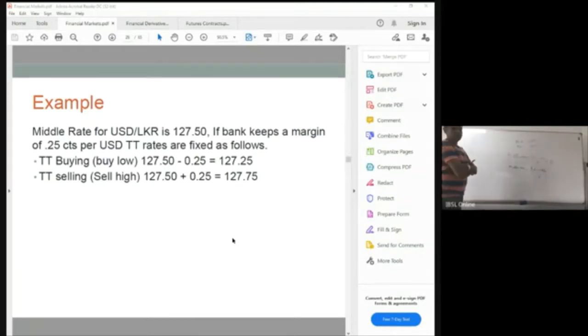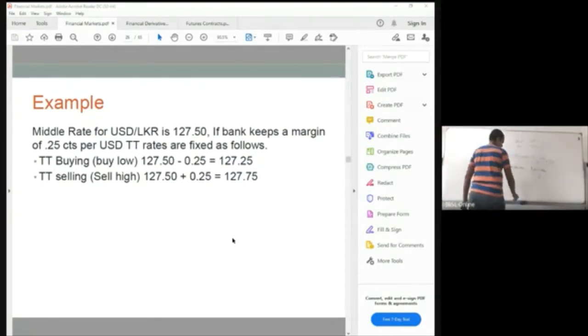So in this example, the middle rate is given as 127.50. And the bank keeps a 25 cents margin.